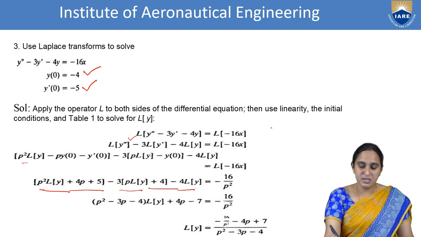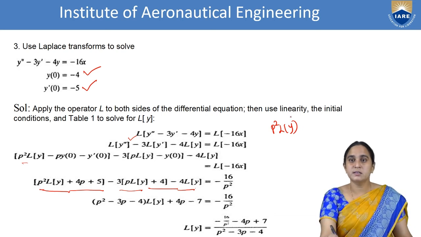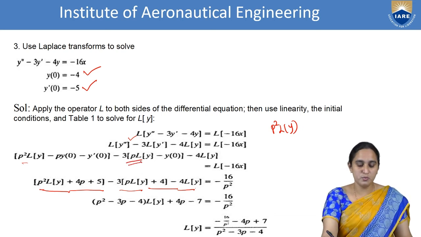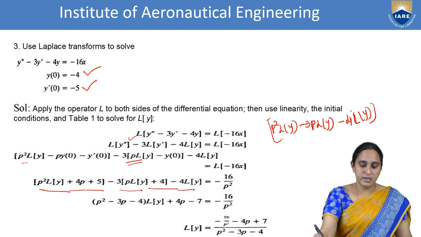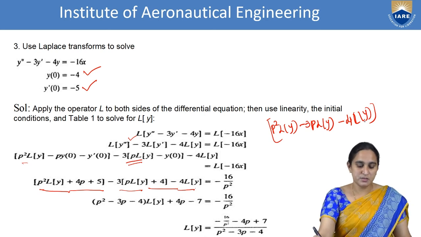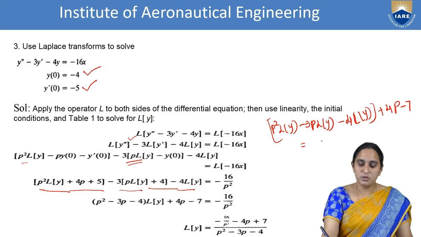I'm taking p square of L of y, and the similar terms, minus 3p into L of y, and the next similar term, minus 4 into L of y. The remaining terms are 4p and 5 minus 12, that is minus 7, is equal to minus 16 by p square.